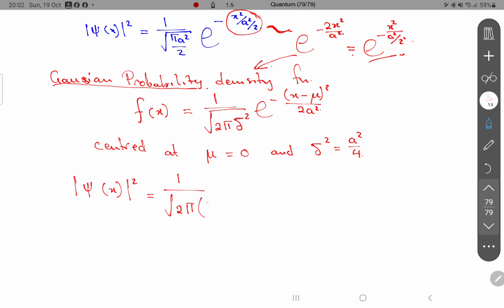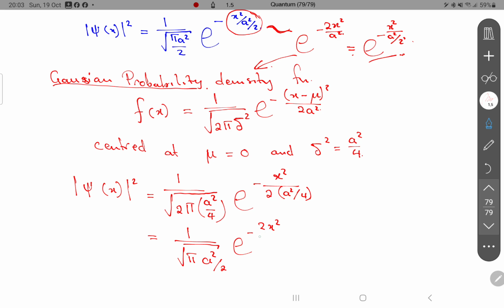Now your sigma squared is actually a squared over 4, so the square root, e to the power negative x squared all over 2 times (a squared over 4), like this, which will crash down to become 1 over the square root of pi a squared over 2, e to the power negative 2x squared over a squared.